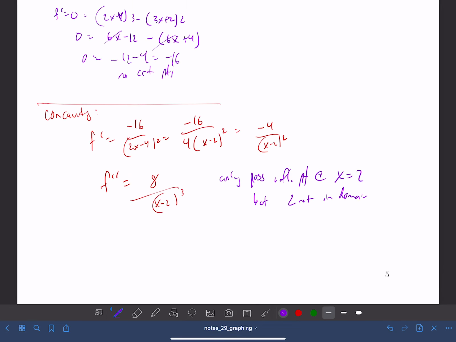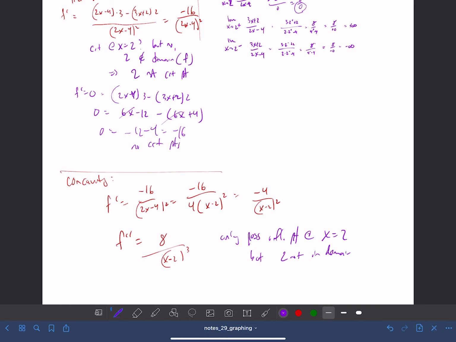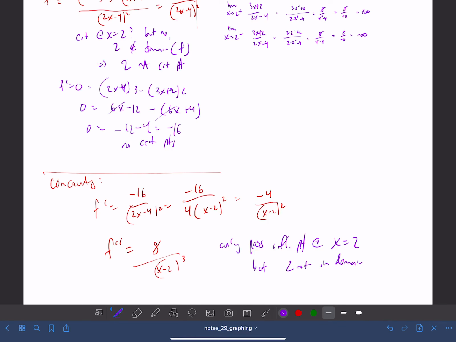So basically what we found between those two calculations for the critical points and the possible inflection points is that when I go and draw a number line here, it's going to split at 2, and what's going on on the two sides of it is all. That's it. That's the only thing there is. I've got an asymptote right there.